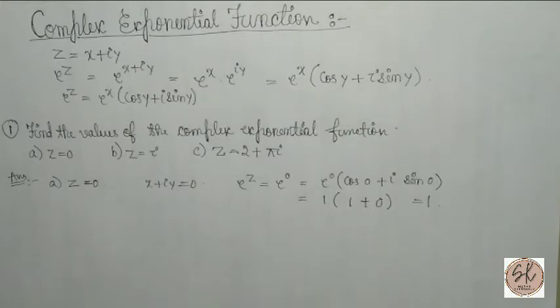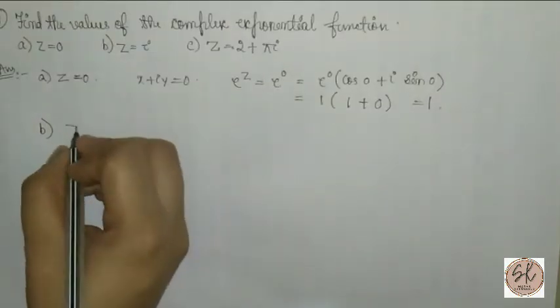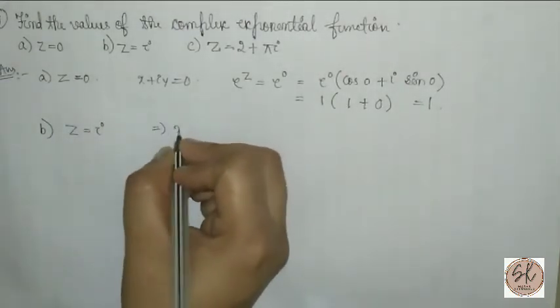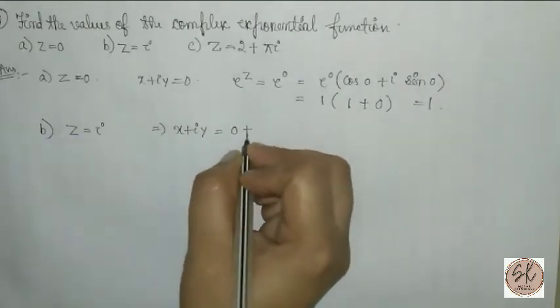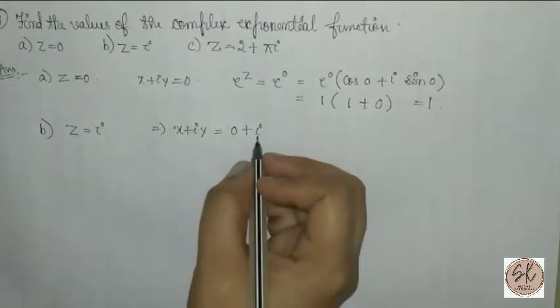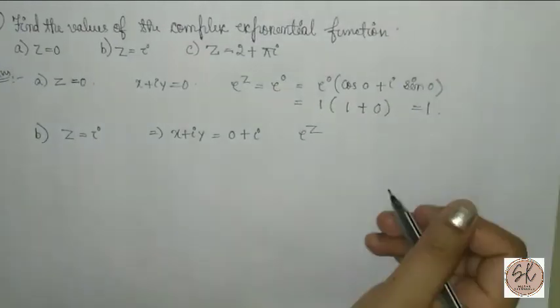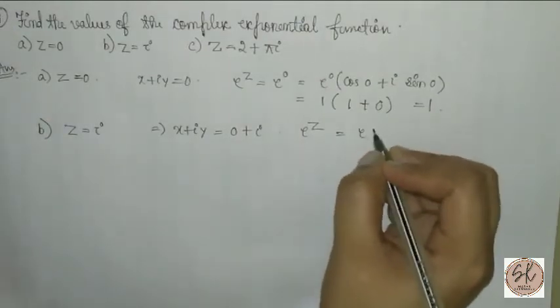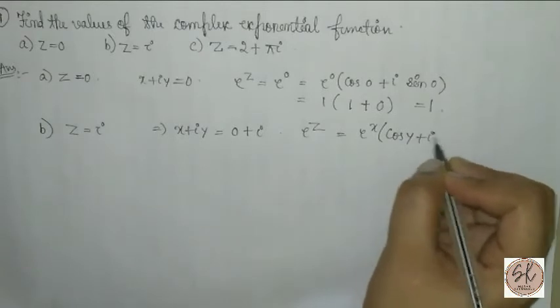Now the next question is z = i. So we know that z = x + iy, and this is equal to 0 + i. So e^z = e^x (cos y + i sin y).